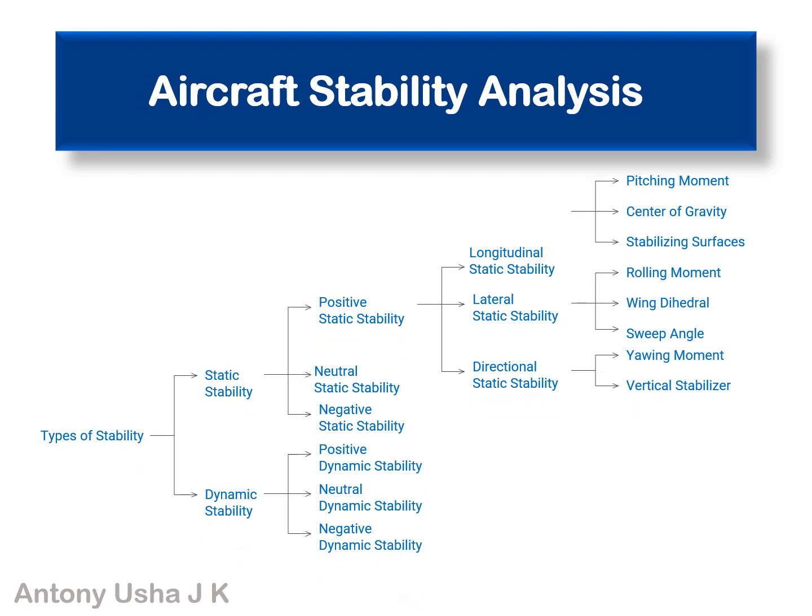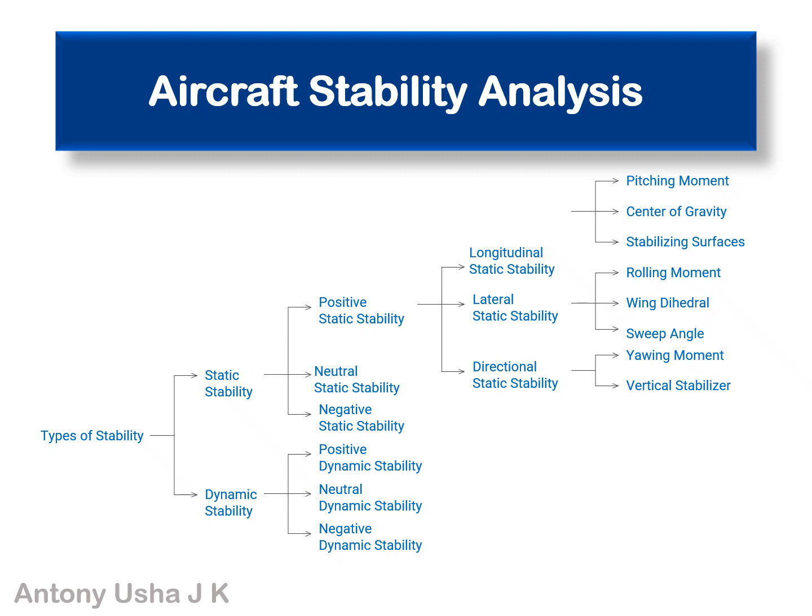Based on aircraft stability and its analysis, I have put together this flow chart for ease of understanding. Based on types of stability, it is classified into two types: static stability and dynamic stability.